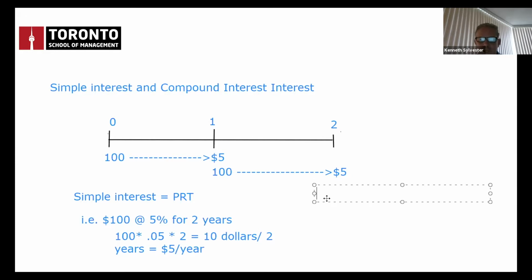So at the end of the second year, I get my $100 back, plus I got $5 the first year and $5 the second year. So that equals 110.